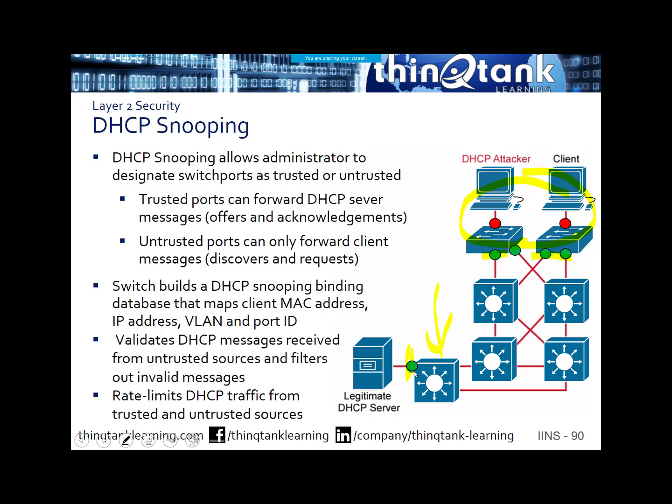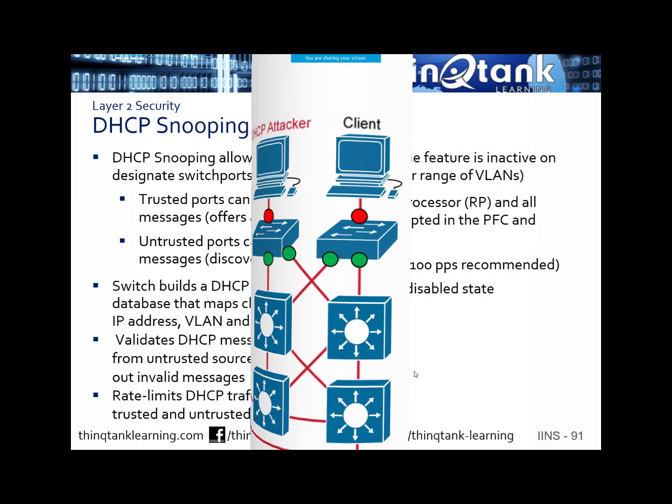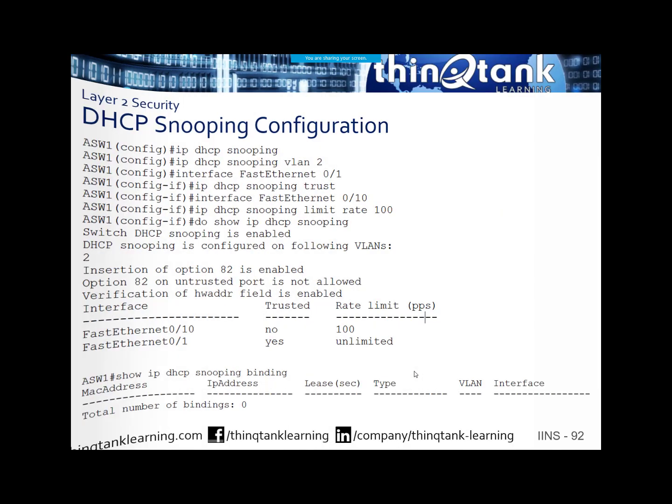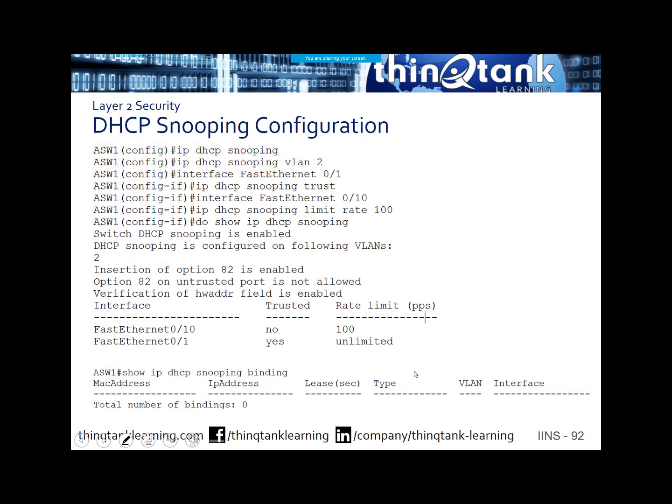Untrusted ports are allowed to source DHCP client requests always, which is the discover and the request. But the offers and the acknowledgments are only server-based messages that are allowed only on trusted ports. All right? So you go into the interface where you want to trust the information, put in IP DHCP snooping trust.